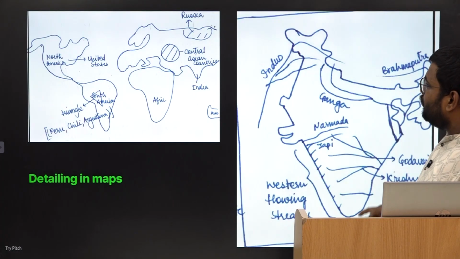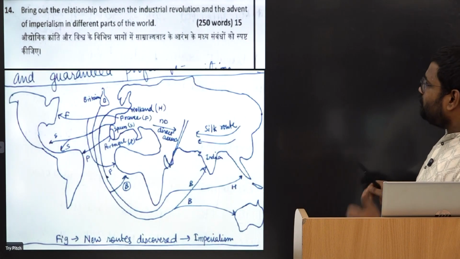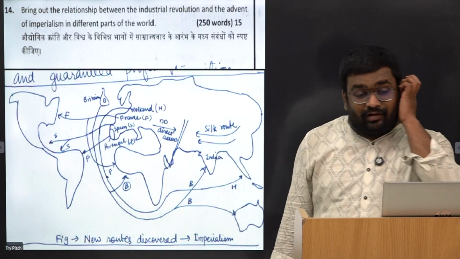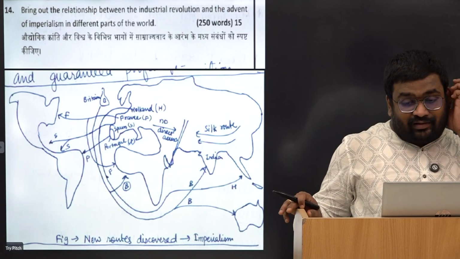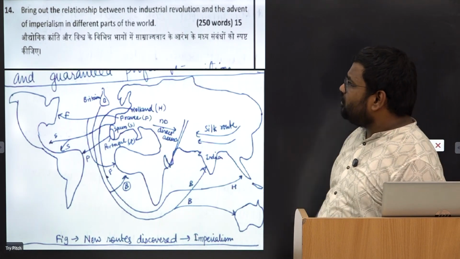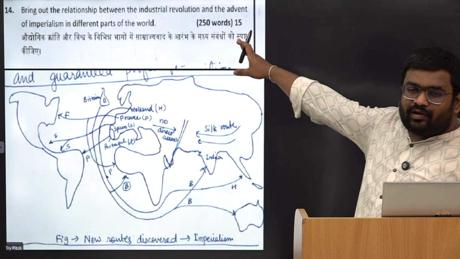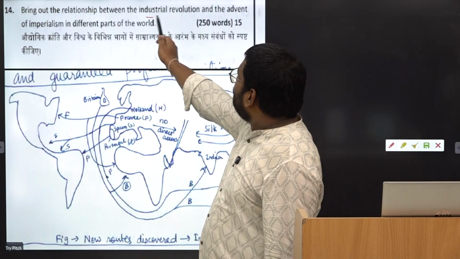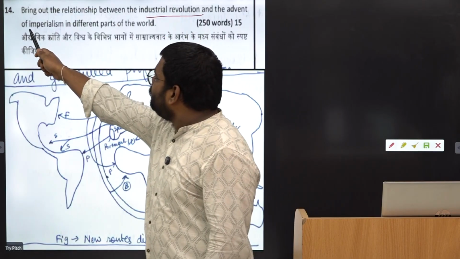Okay, these are some more examples. One interesting way, this is how you bridge the content deficit. One example I had given of Ishita Kishore. This is of Shubham Kumar. This particular question is of world history: bring out the relationship between industrial revolution and advent of imperialism.